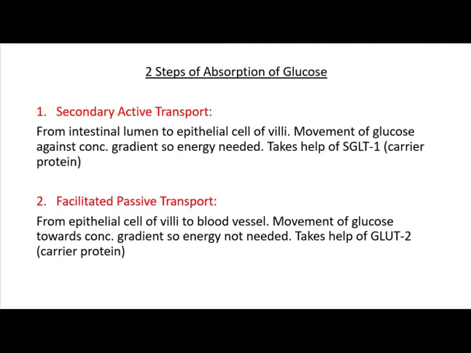This is happening against concentration gradient, and so energy is utilized. And the second is facilitated passive diffusion, which is happening from epithelial cell to capillary, and this is along the concentration gradient. Here energy is not applied, but carrier proteins are involved. In the first case it was SGLT1 and in the second case it was GLUT2.